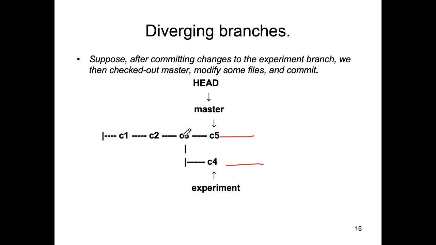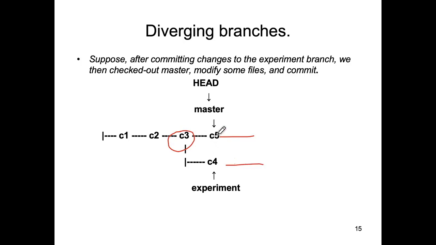Okay, they have a common ancestor, which is significant. They're both linked back to commit 3, but other than that, it's possible that changes that you're making to files here could well conflict with changes that you're making to files here.